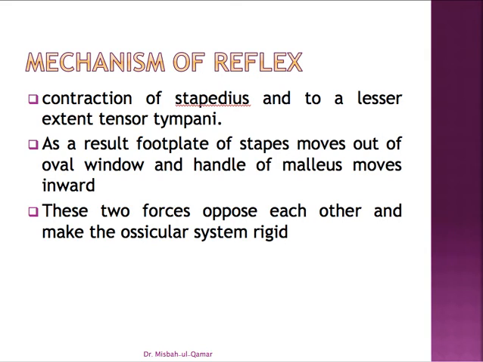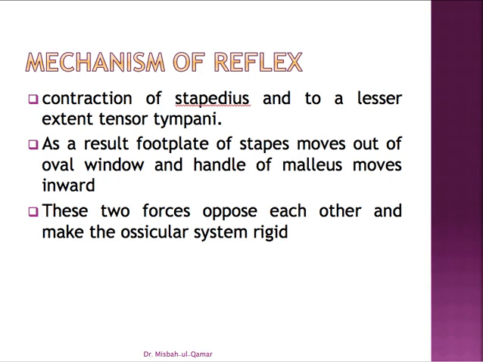You see the footplate of the stapes is moving outward, while the handle of the malleus is moving inward. They move towards each other but in opposite directions, and this is how they make the auricular bony chain system very rigid. When it becomes rigid, it does not transfer the sound vibrations effectively.